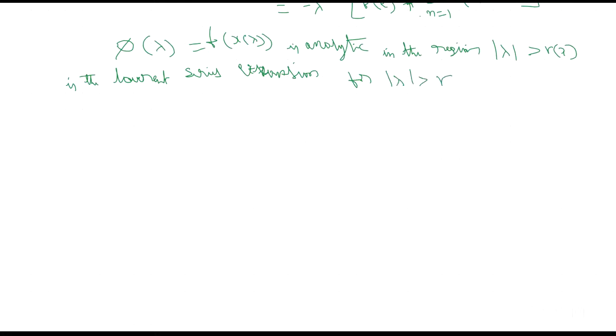Here r of x means spectral radius. It follows that this expansion is also valid for lambda greater than r of x.